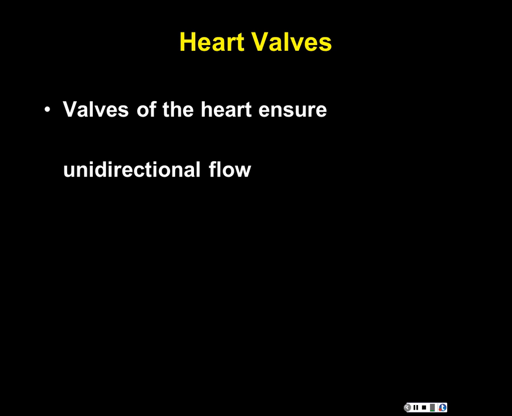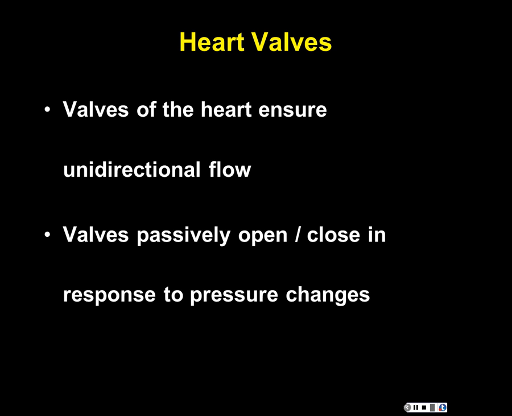I've got a couple of images to help visualize those. We also discussed a moment ago that our valves passively open and close. They don't contract. The activity of the heart dictates whether they open or close, but they themselves are not contractile.